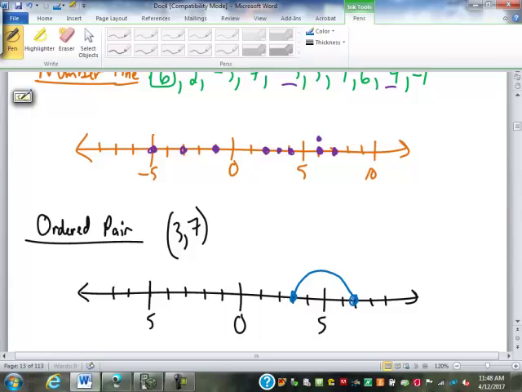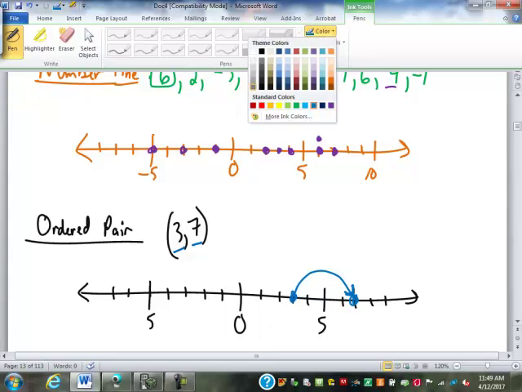We could do some sort of a curve connecting them, but then we still have to represent the order. We have to represent that it is 3 and then 7, because that's a very different ordered pair than if it was 7 and then 3. So I don't know if we'd have an arrow or whatever, but if we did this, you could see that this number line would get cluttered very quickly, and it could be very confusing as the numbers overlap, trying to decide where's the arrow or what's this line overlap.